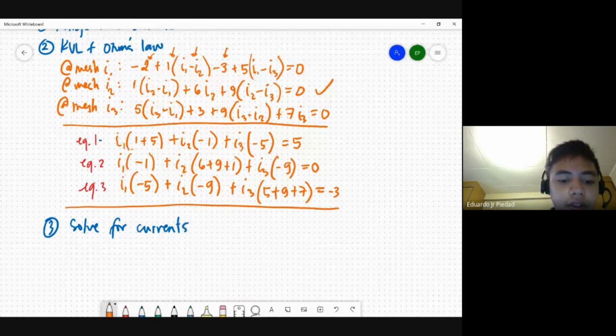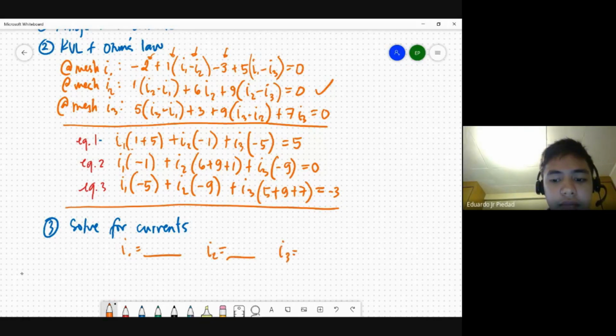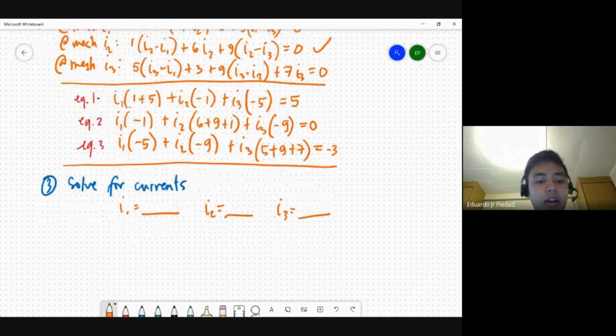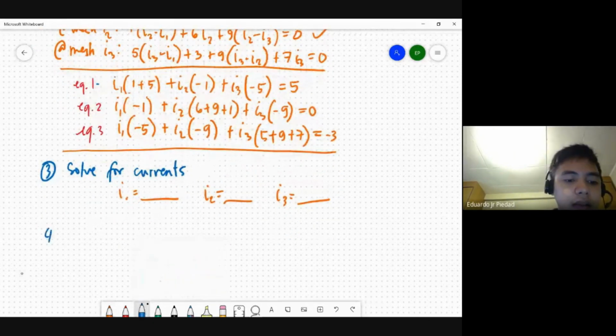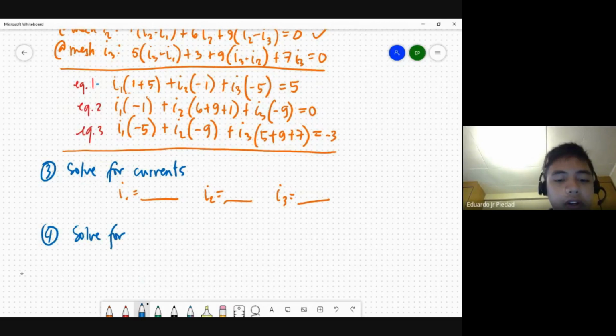You have I1, I2, and then I3. Now actually the last step is to solve for the problem.